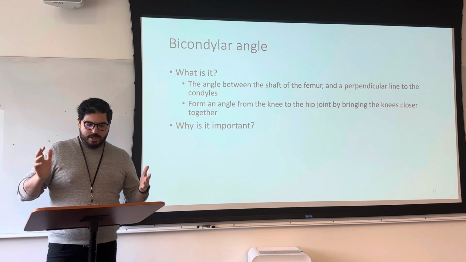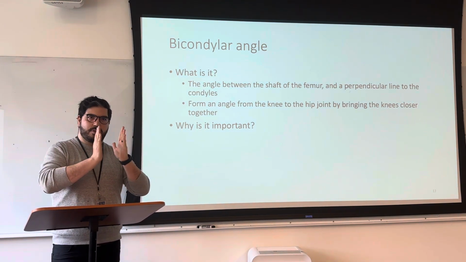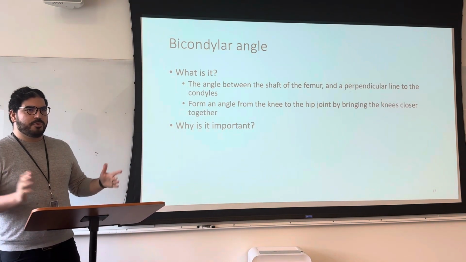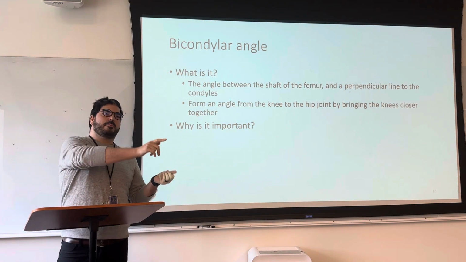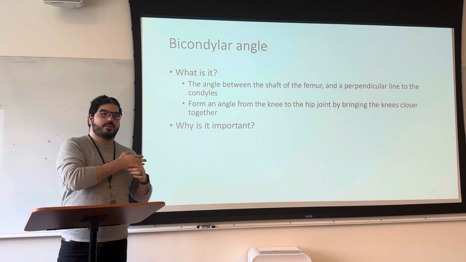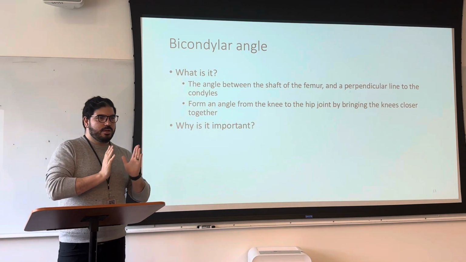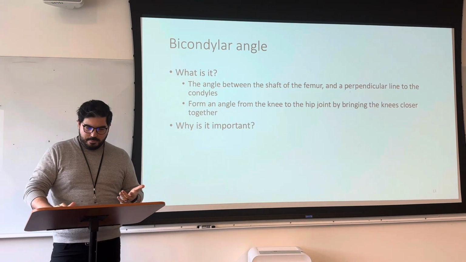So it forms an angle from the knee to the hip joint, and that brings the knees closer together on the body. And why would that be important? It helps you with your balance, but also helps with the distribution of weight. By bringing the knees closer together, we're able to distribute the forces better and have better balance when we're walking.